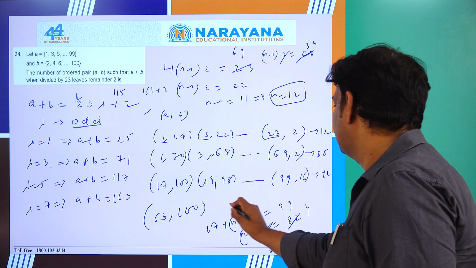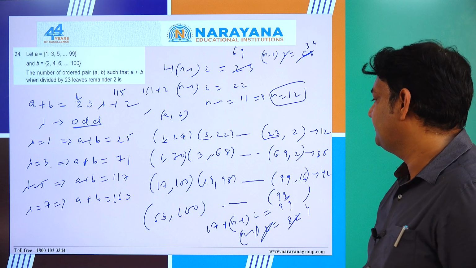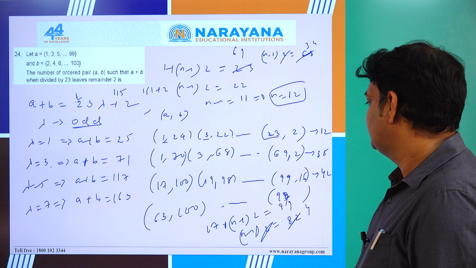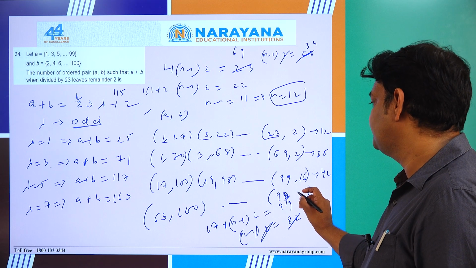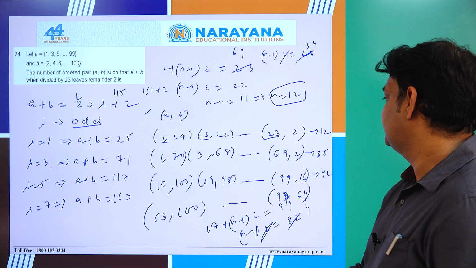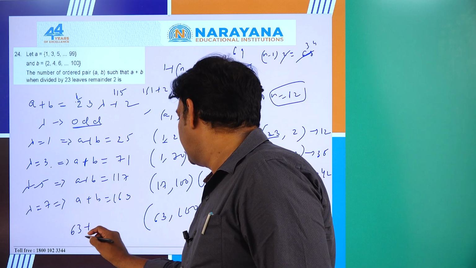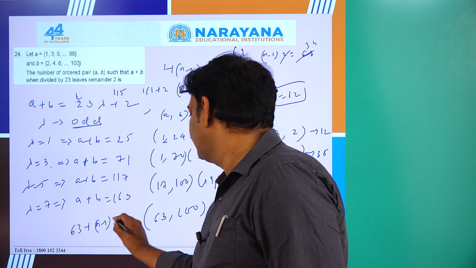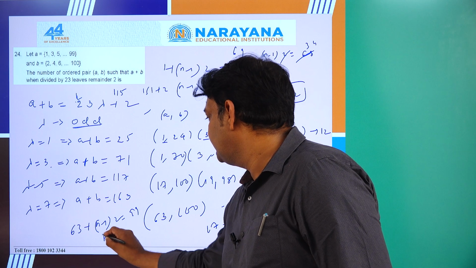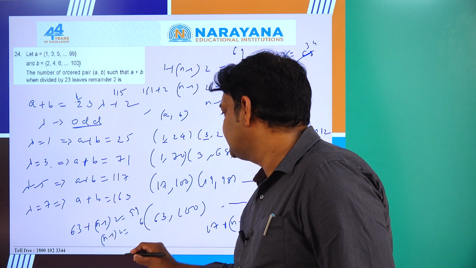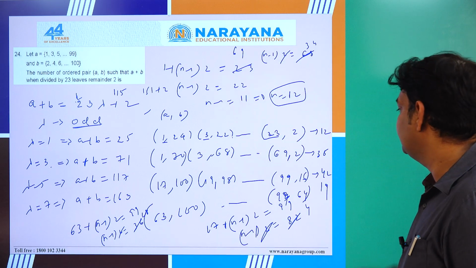And then A takes the maximum possible value 99, and then B will be 64. So A goes from 63 to 99. A plus n minus 1 into D is 99, so n minus 1 into 2 is 36, n minus 1 is 18, plus 1, 19 possibilities came here.